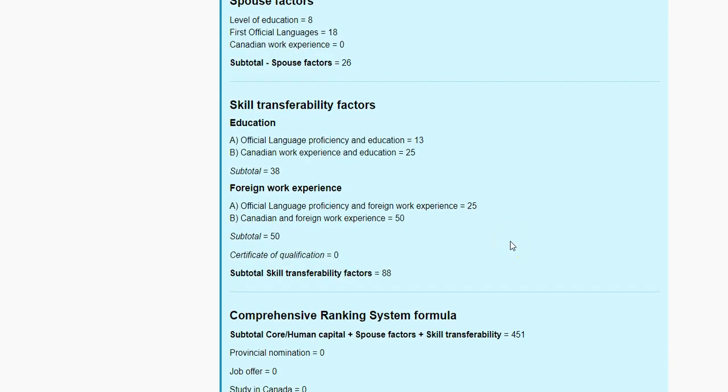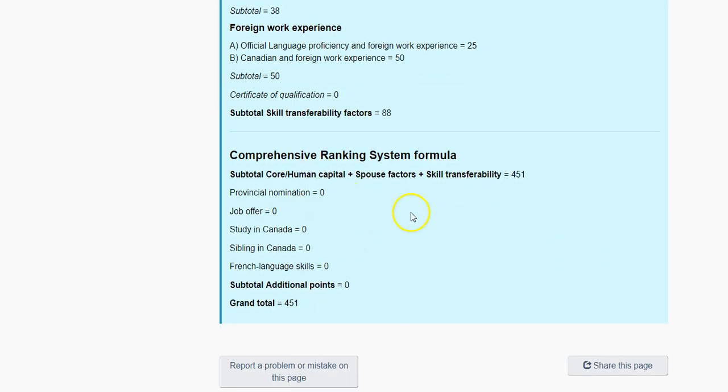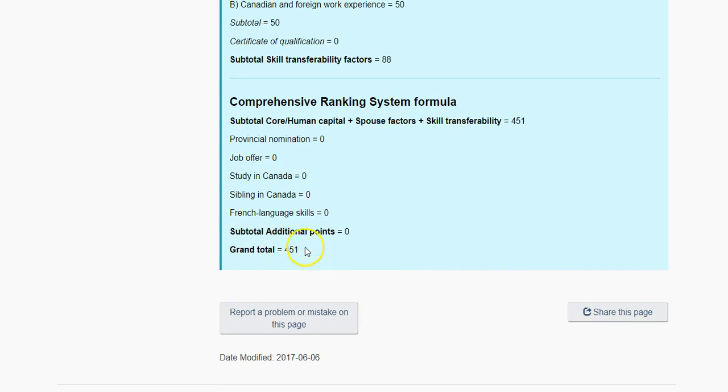When it comes to the skill transferability factors, I can have Canadian education, I got all these points, foreign work experience, and I have a subtotal of 88. And based on this, the complete formula, I got a total of 451. And that's the number I know.